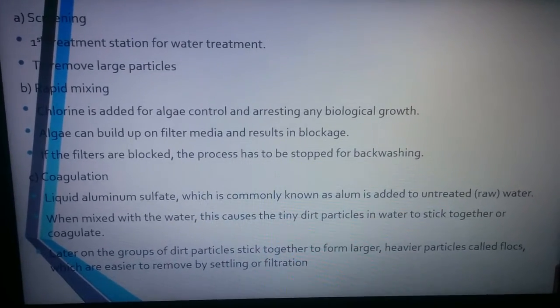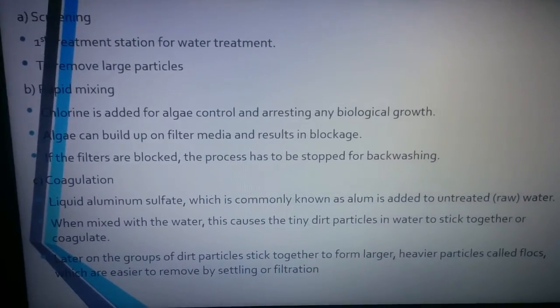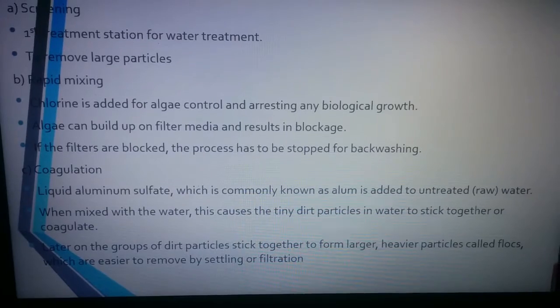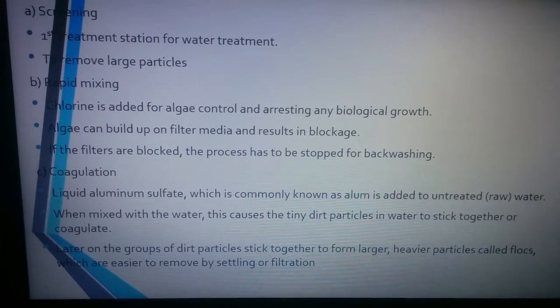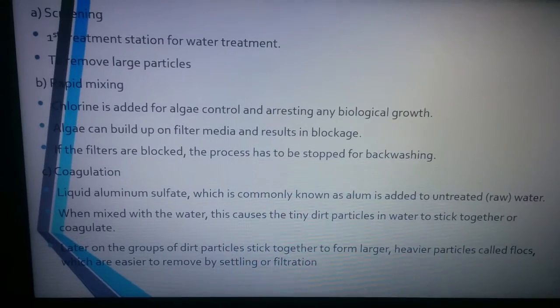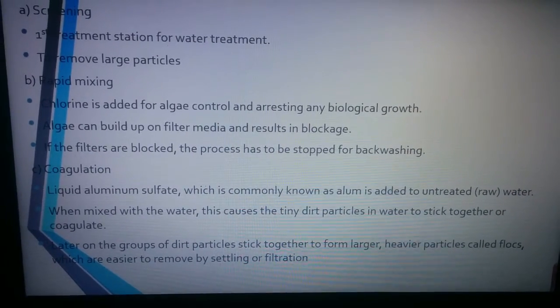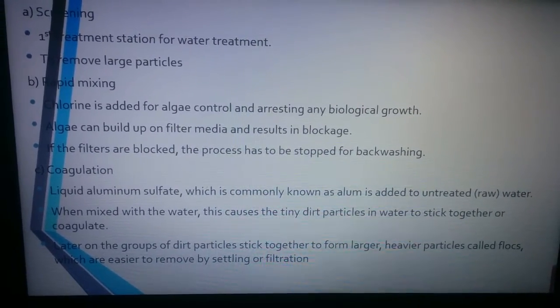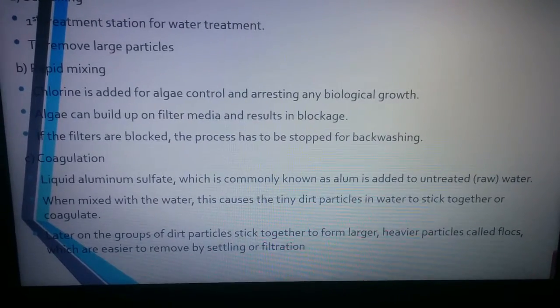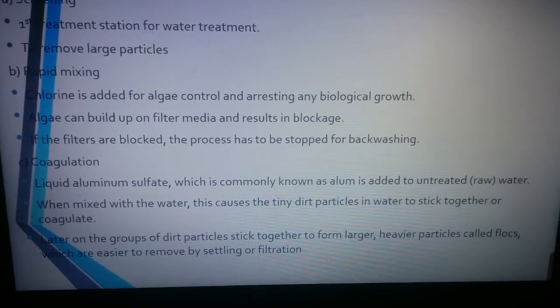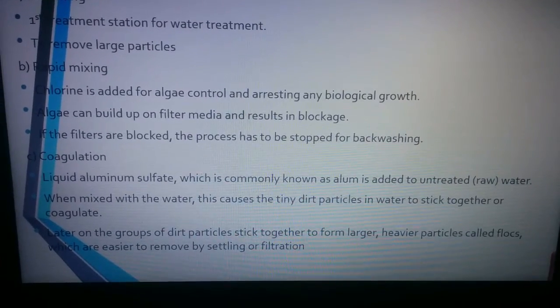Screening is the first step in water treatment, where the whole raw water goes through large metal bars, and large particles like large live animals, large wood, and large pieces of metal are all removed from the system. Next, it goes to the rapid mixing stage.